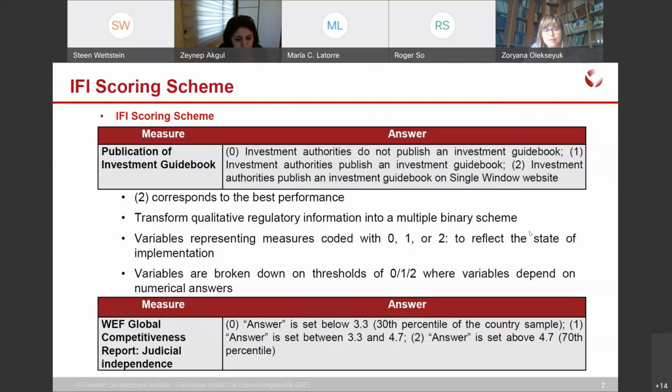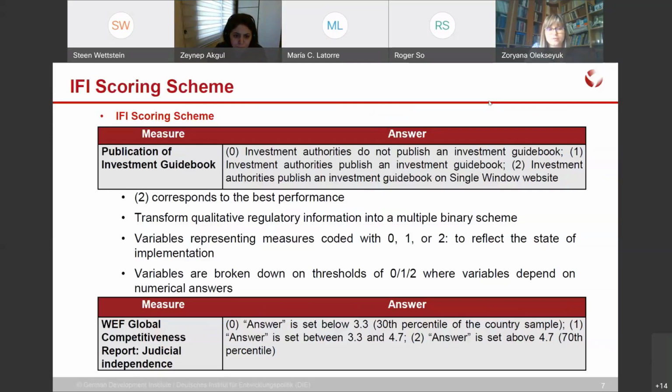And this 1, 2, 3 or 0, 1, 2 reflects the state or the stage of implementation of different measures. We have also some variables that depend on numerical answers. As an example here with the World Economic Forum Global Competitiveness Report, we used the judicial independence to report it for all of the countries.